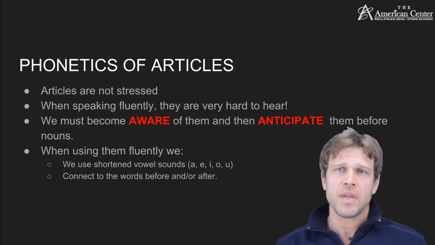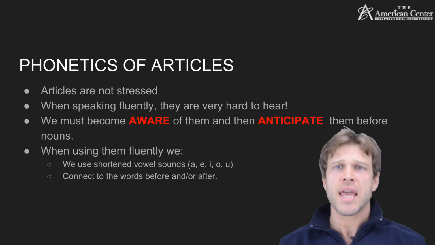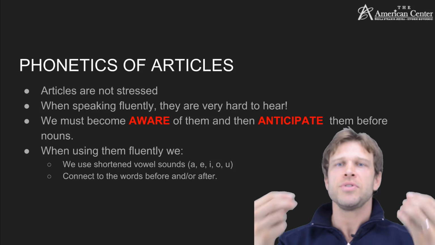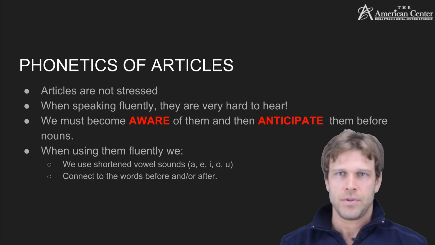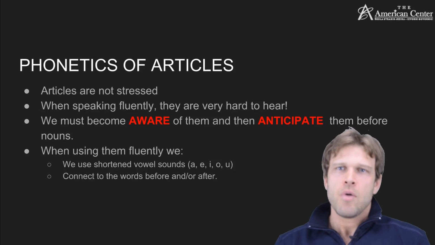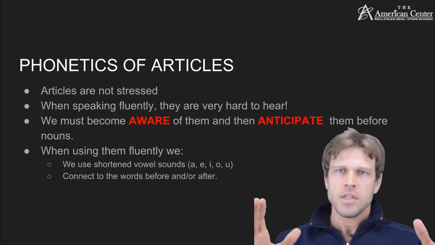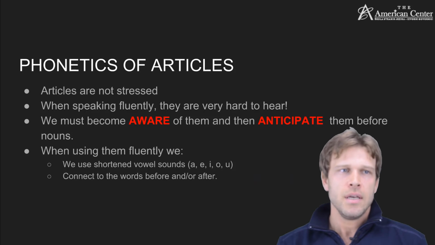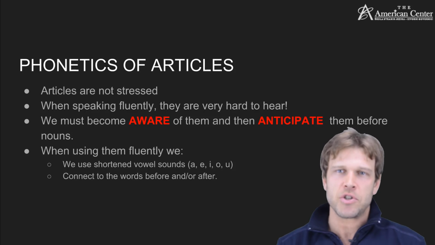So first of all, in English, we have long vowels and we have short vowels. When we're saying our alphabet, A, B, C, D, E, F, we're using long vowel forms, okay? Typically, when we're speaking fluently, when we're speaking in a sentence, we shorten our speech because this is more concise.